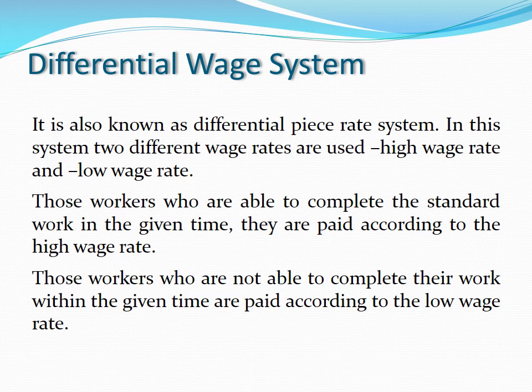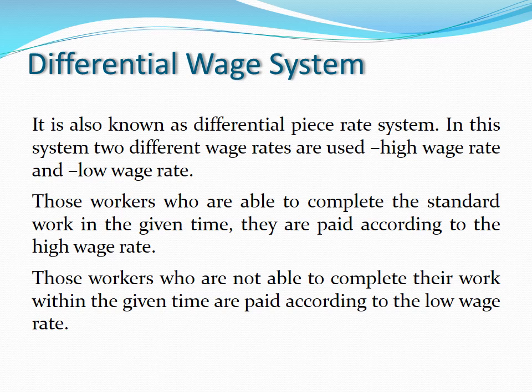Let's say if the employer fixes the quantity as 10 units per hour. So the worker has to produce 10 units each hour. And there are two wage rates, hourly wage rates, that are set. Let's say it's $20 and $18. $20 is the higher wage rate and $18 would be the lower wage rate. And the number of units to be produced per hour is 10 units.